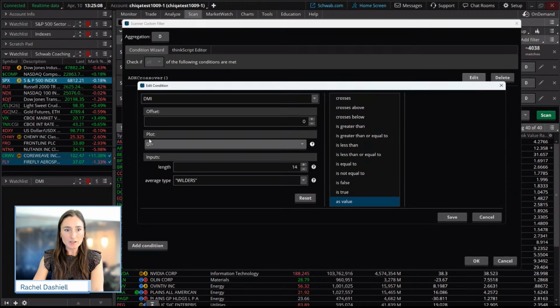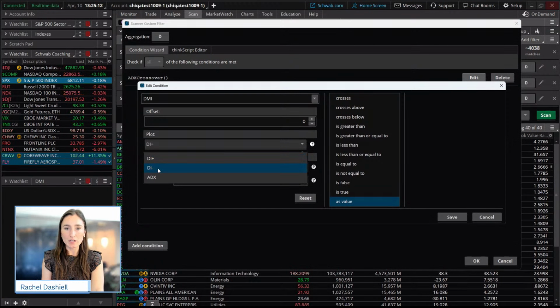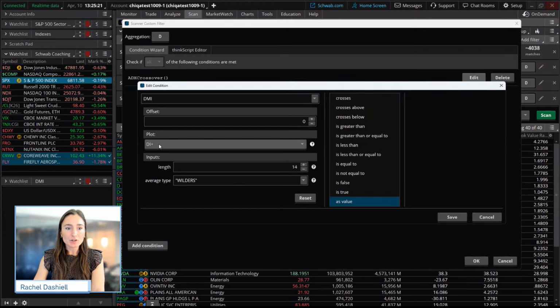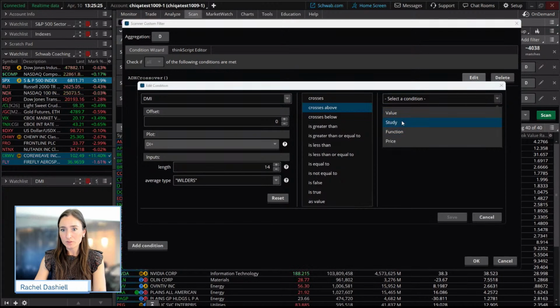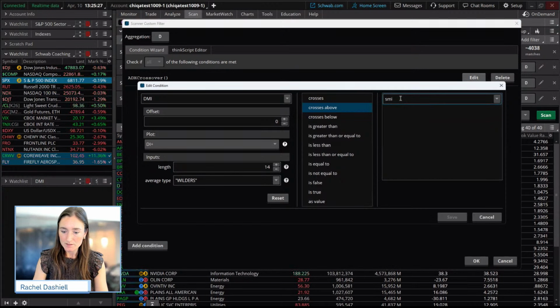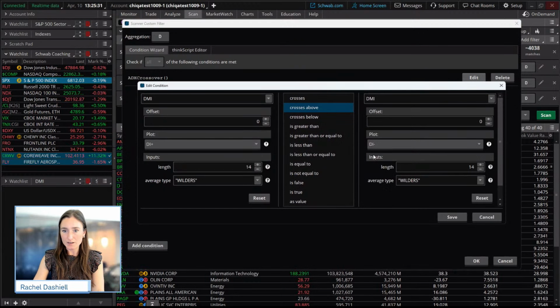And notice that the plot here says DI plus. Now, if you wanted to switch this, if you were looking for negative directional movement for more of a bearish trade, you could look at the minus DI. But we're going to start with positive directional movement, and we're going to say crosses above. We're going to select study, select DMI again, and select negative directional movement.